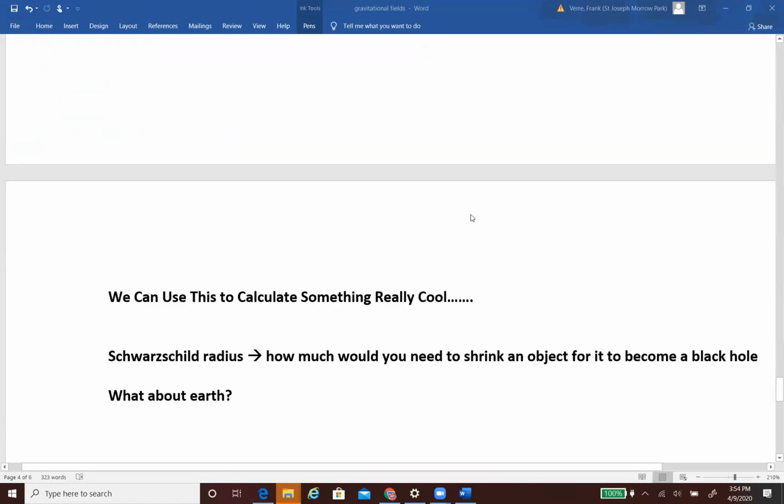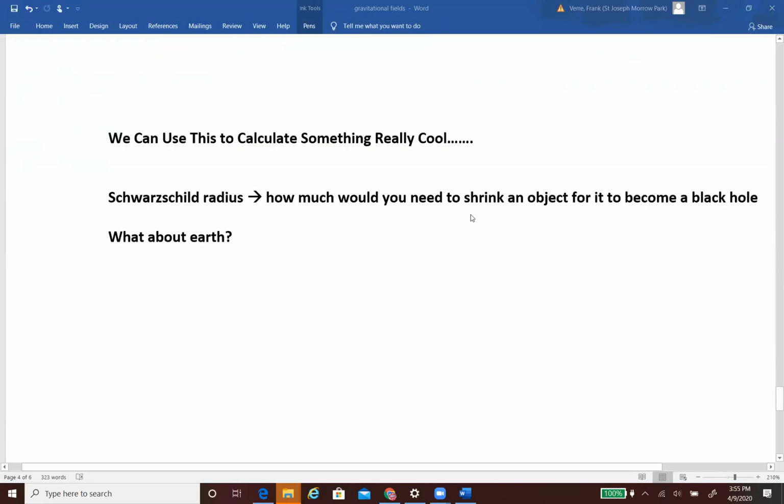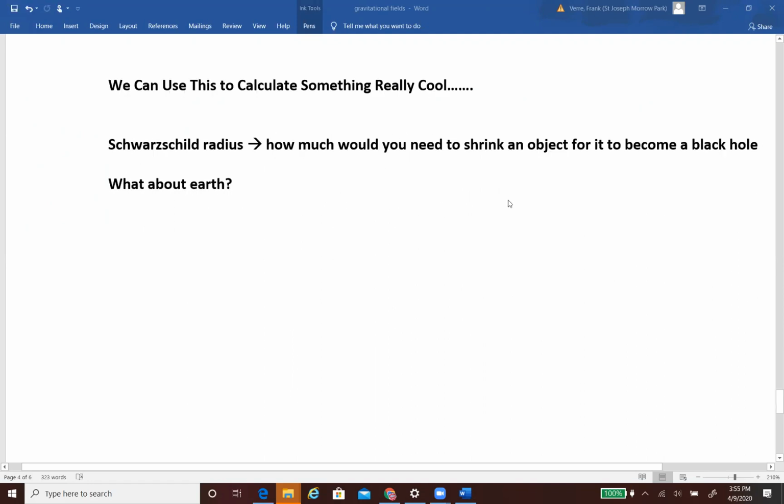Thanks. Okay, thank you. What's really cool is then we can connect this concept to figuring out how small you can make something so that it essentially becomes a black hole. We could use it to calculate something called the Schwarzschild radius, which is basically the maximum size something could be for it to become a black hole.